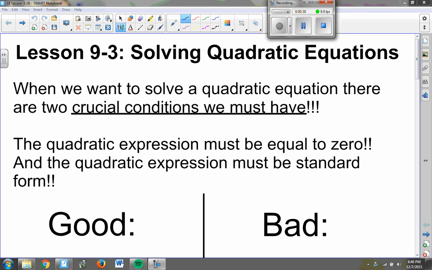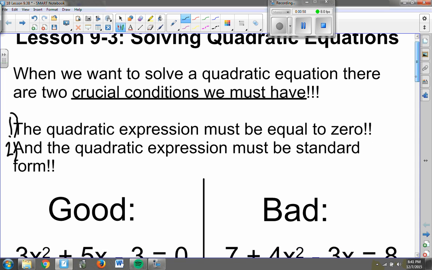Now, just in case you didn't catch in our last video, these two crucial conditions must be present if we're going to solve a quadratic equation, so we'll go over them again. Number one, the quadratic expression must be equal to 0. Number two, the quadratic expression must be in standard form, meaning x squared and then the x and then the c value, the constant.